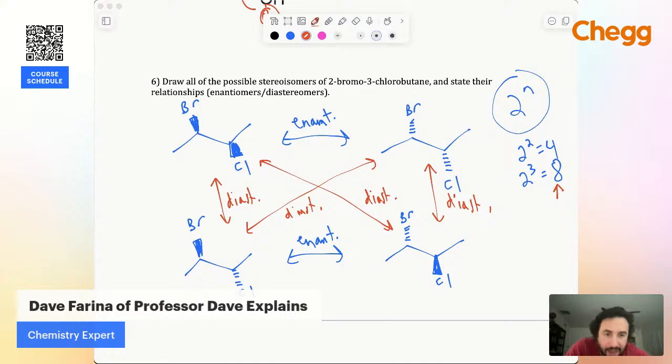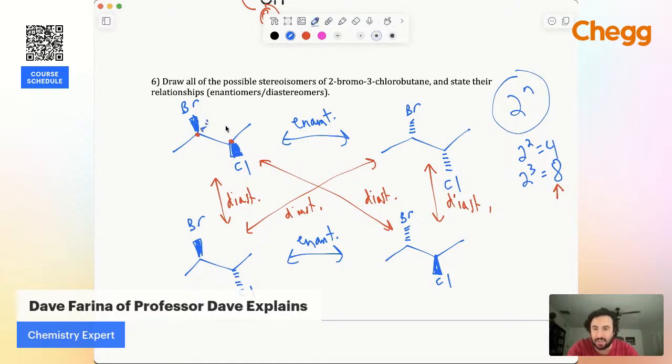Isyane Malik asks, maybe a dumb question, but how did you immediately know that you had to draw these 3D lines, or is that not necessary? So yes, it absolutely is necessary. These are sp3 carbons, right? If these are sp3 carbons, there's 4 bonds, and sp3 carbons obey tetrahedral geometry, 109.5 degree bond angles.